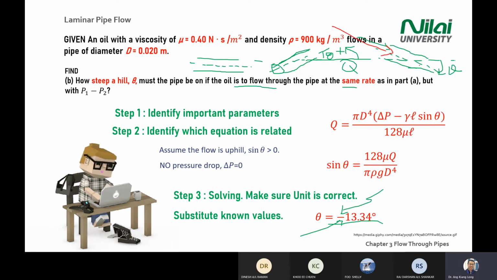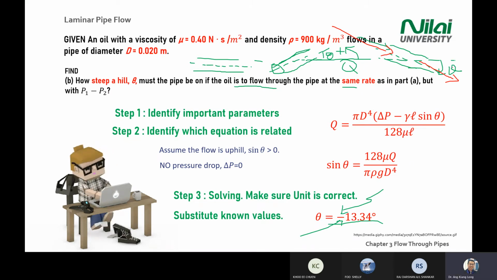Spend 10 seconds to think about whether it is logical or not. You get a negative angle, so try to imagine: you want to maintain the Q. You should rotate the pipe at a negative angle so that the Q and the pressure don't change. Is it logical?